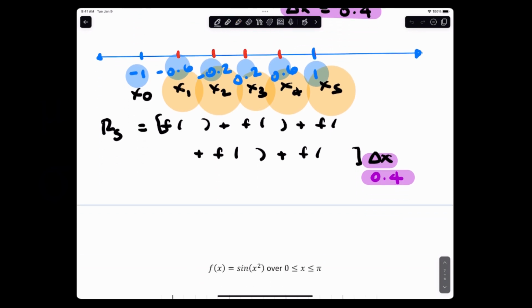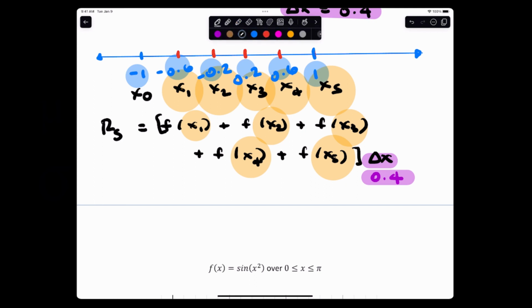So I'll write down the detail because I think it's helpful. x1, x2, x3, x4, and x5 now. Plug in what numbers? Negative 0.6 now. Negative 0.2. Positive 0.2. 0.6, and then a 1 here. Okay?